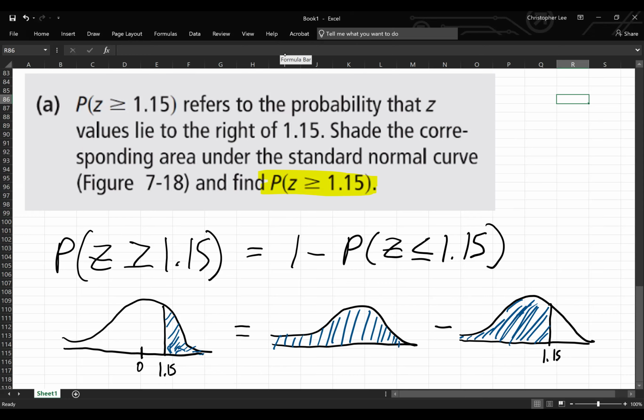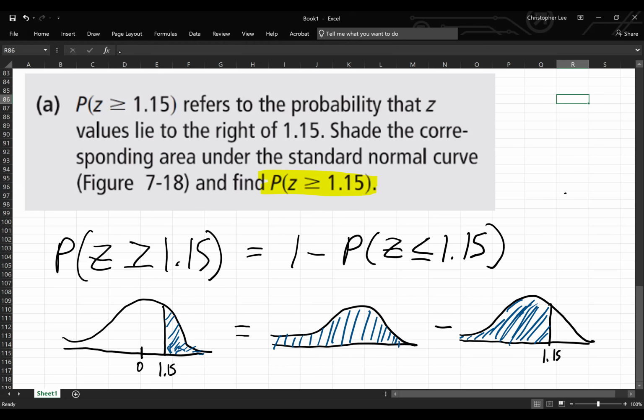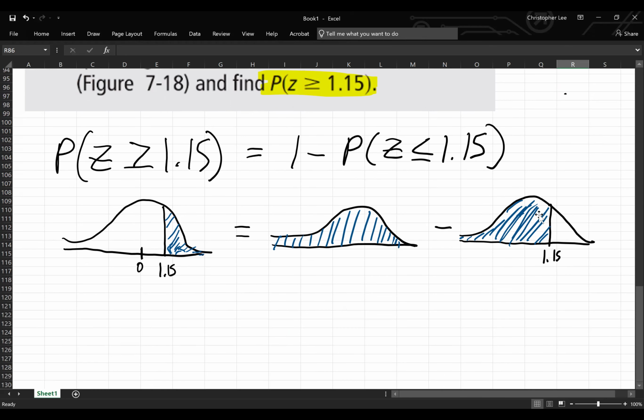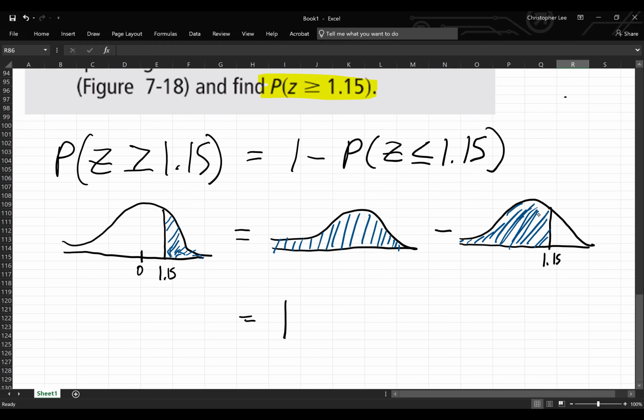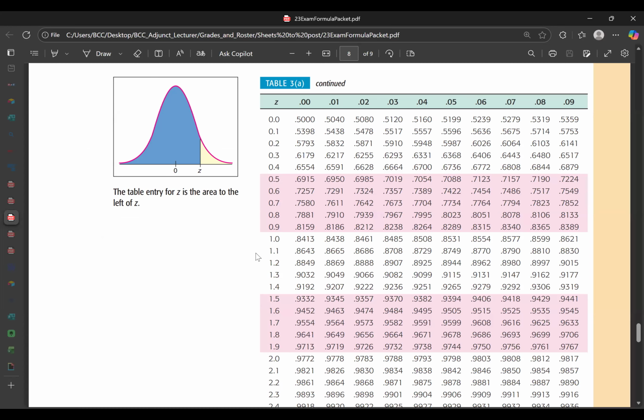So let's get into it. I got you. So 1 minus this, and the answer is going to be 0 point something. So this is 1.15, right? So looking at the table, you're going to 1.1, and then go across the 5.